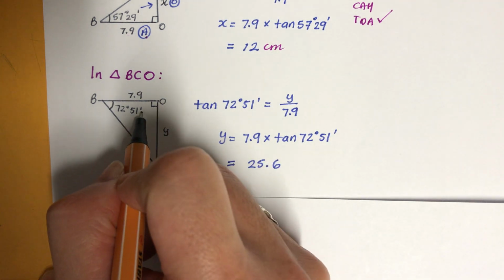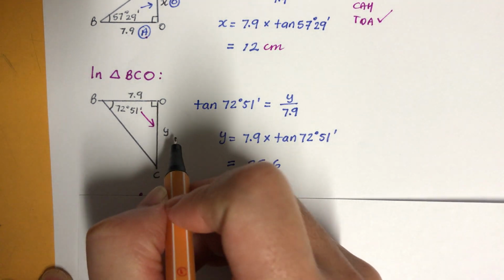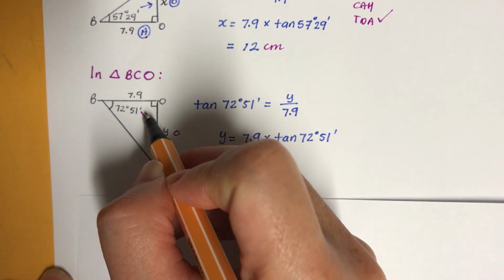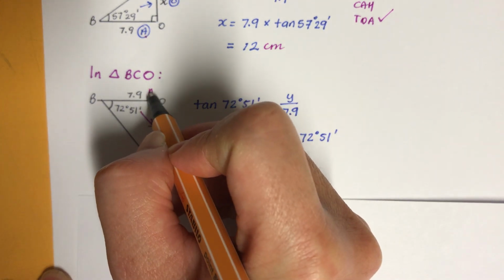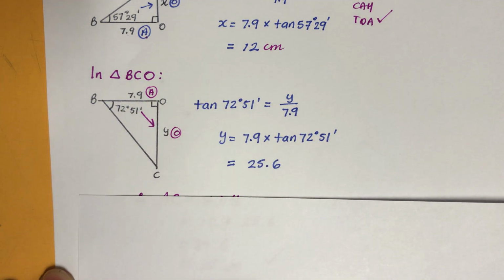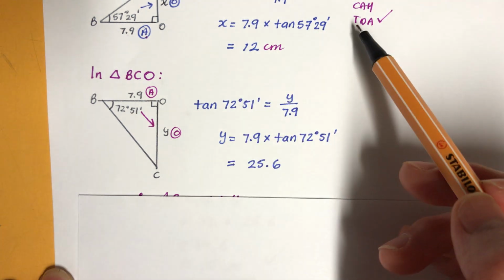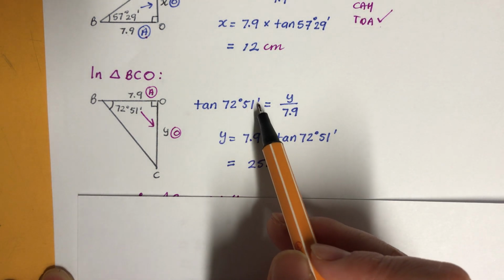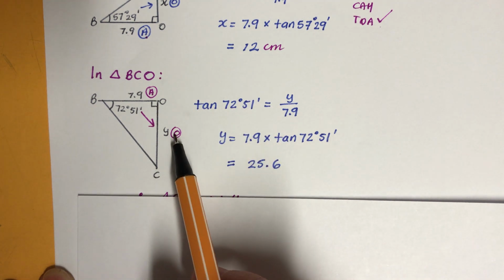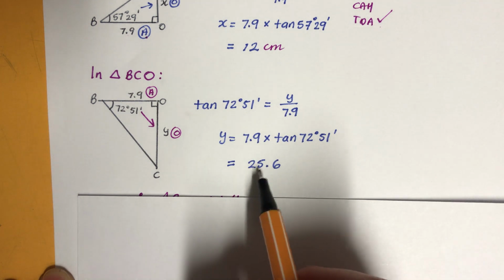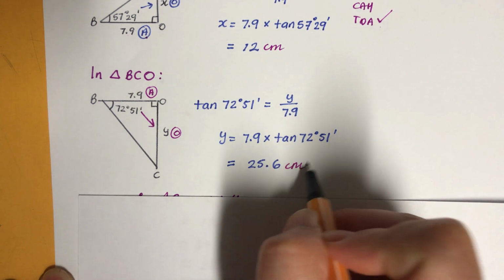Let me label them. That's my opposite, and that's my adjacent. So it'll be tan 72 degrees 51 minutes equals opposite over adjacent. And you will get this centimeters.